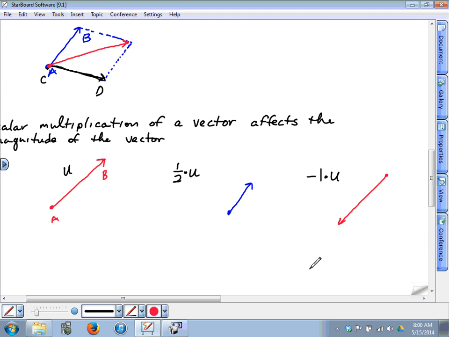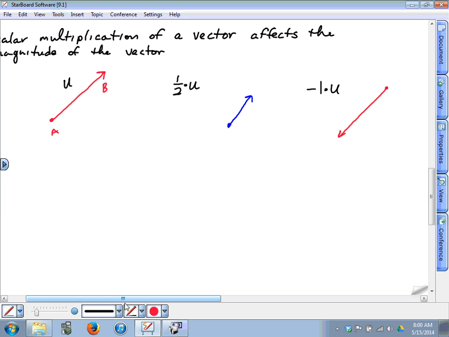You aren't going to have to deal a lot with vectors in space like this. In space means it's not on a rectangular coordinate system. That's what it means to be in space. It's kind of hard to deal with. So you're going to most likely start just with vectors in the coordinate plane.